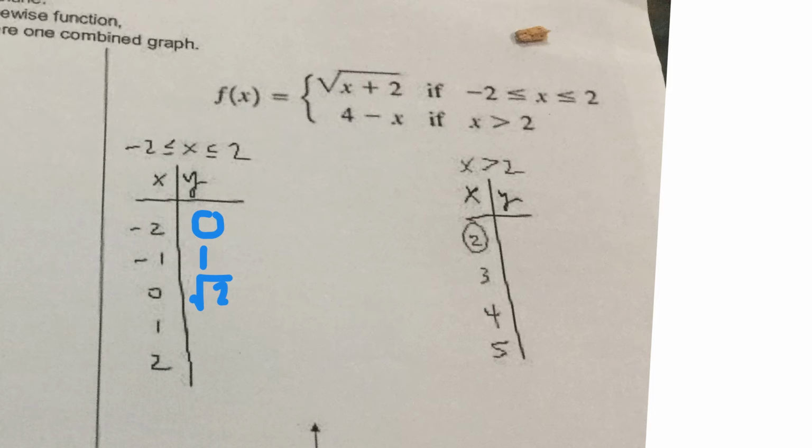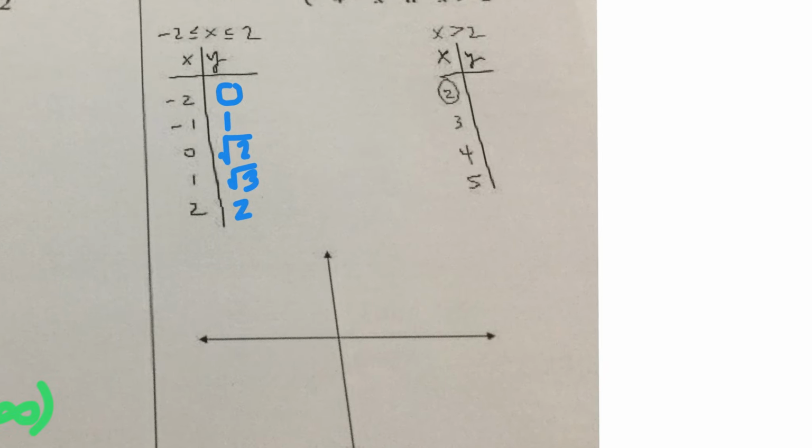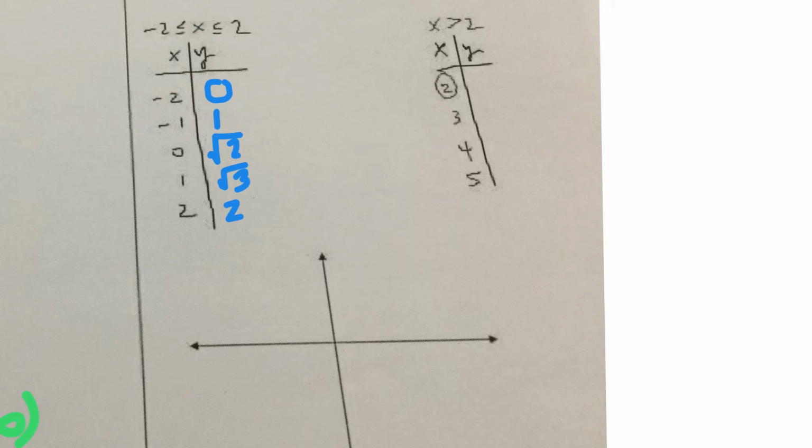If I plugged in 1, I'll get the square root of 1 plus 2, which is radical 3. If I plugged in 2, the square root of 2 plus 2 is the square root of 4, which is 2. So really, if I were graphing this, I'm graphing it on these 3 points. Negative 2, 0, negative 1, 1, and 2, 2. I know those other ones are going to fit in there with them, but I don't know exactly where radical 2 and radical 3 are.